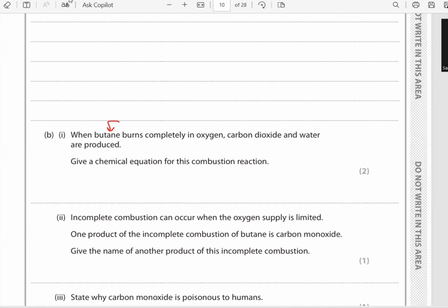When butane burns completely in oxygen, carbon dioxide and water are produced. Give a chemical equation for this combustion reaction. First of all, they are asking for complete combustion, which makes carbon dioxide and water. The formula of butane is C4H10, plus burning means it reacts with oxygen, making carbon dioxide and water.